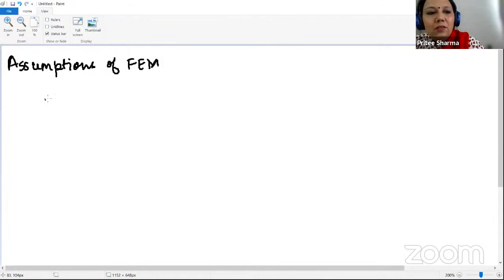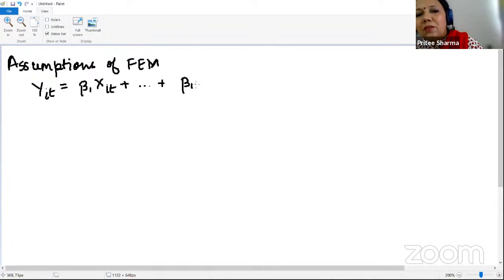Now here we know what our model is. We have Y_it is equal to beta 1 X_it plus ... beta K X_it plus alpha_i, or a_i, plus our error term.